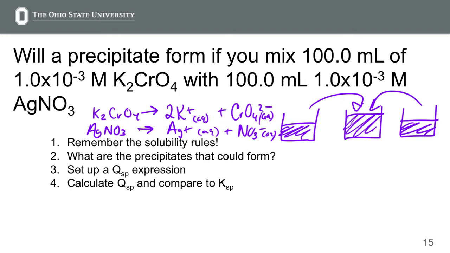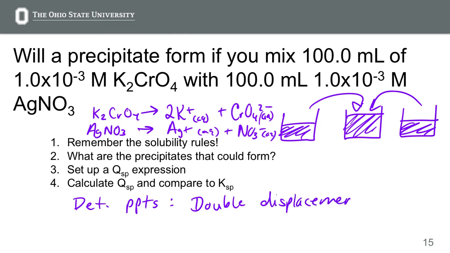All right, so we don't really know what a possible precipitate is. It's not given in the problem. So what we're going to do to determine the precipitate is do a double displacement reaction. You may remember this from a 1210 course, but essentially we're going to mix the cations and anions.